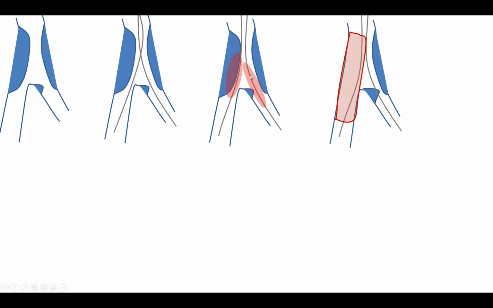So you shouldn't dilate the side branch, then dilate the main branch, then stent the main branch. You should dilate the main branch, then dilate the side branch, then stent the main branch, so that you reduce the amount of plaque shifting, okay?